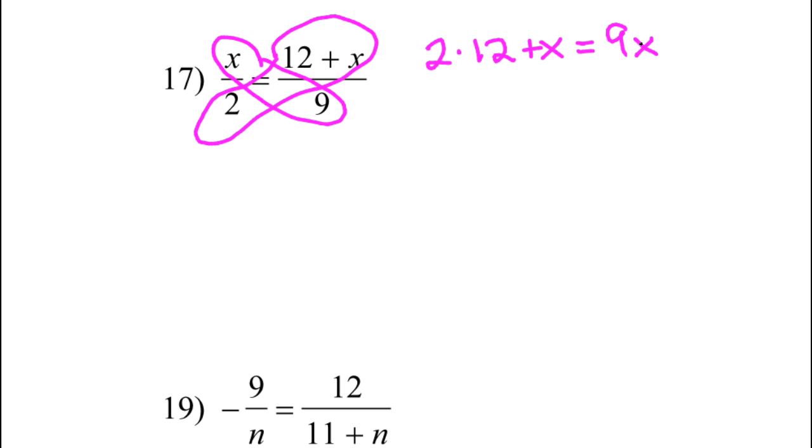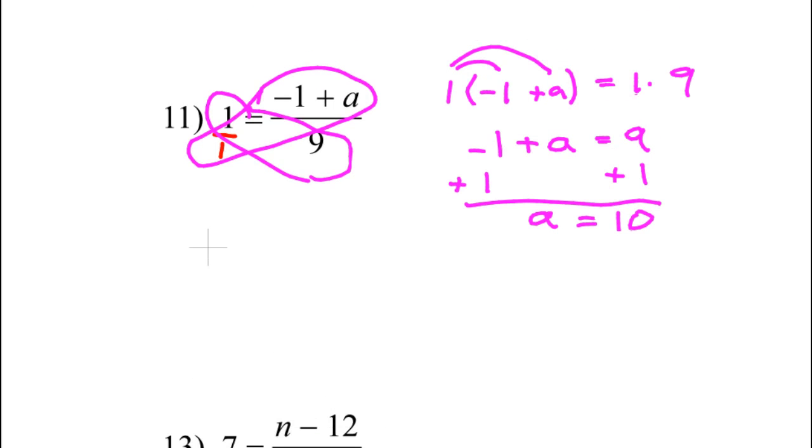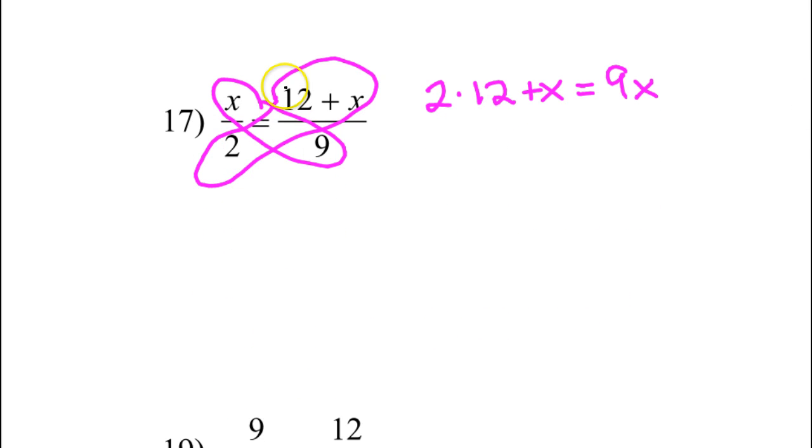So I put 9x, don't put x9, but 9x. Now, what did I leave off? What's missing here that I did on the first one? You look back. What did I leave off? Parentheses. Yeah, you gotta have parentheses, because we have to multiply 2 times everything on the top, not just the 12, but everything. So you gotta have parentheses.